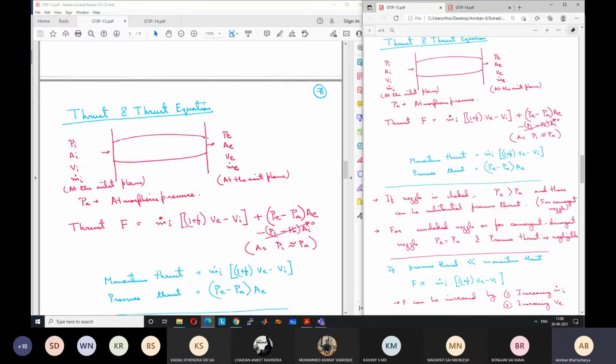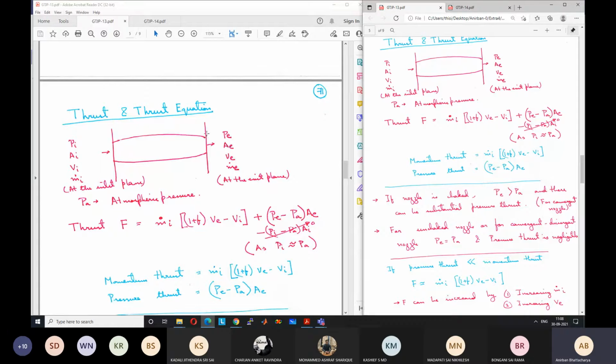If the exit occurs at a condition which is below the sonic speed, then the exit pressure will be equal to the atmospheric pressure. If the exit occurs at choked condition, meaning the velocity has reached sonic condition, the velocity cannot increase further.